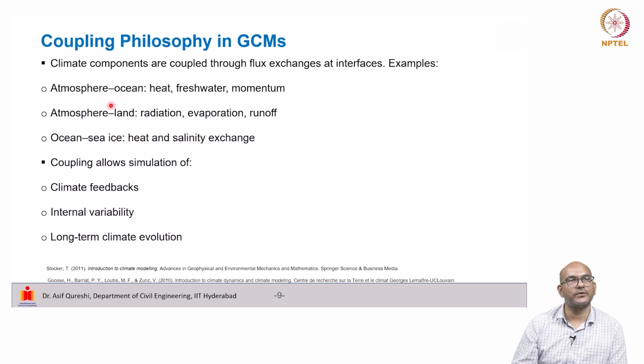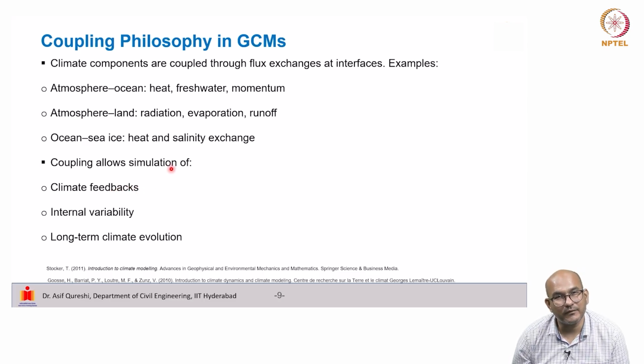Now, this sort of coupling between atmosphere and ocean, atmosphere and land, ocean and sea ice allows for the simulation of what? Of the different climate feedbacks: a change in climate may influence any of these, which may in turn affect the climate again.